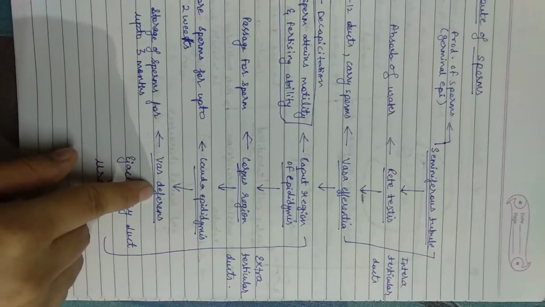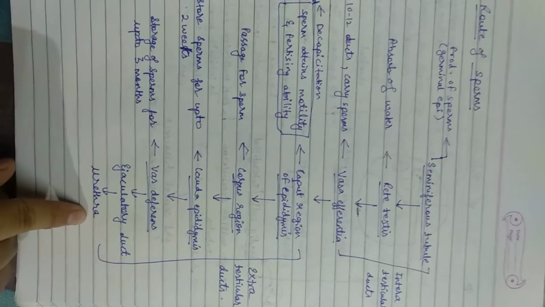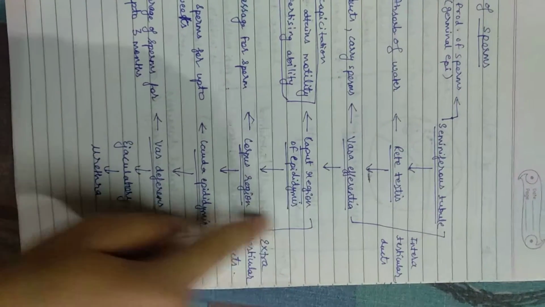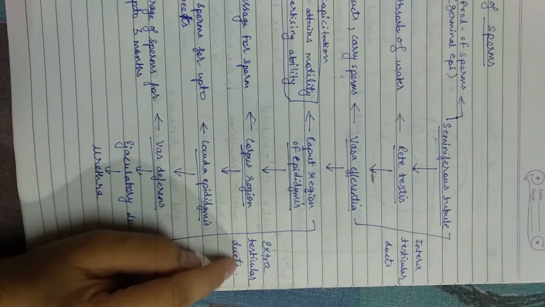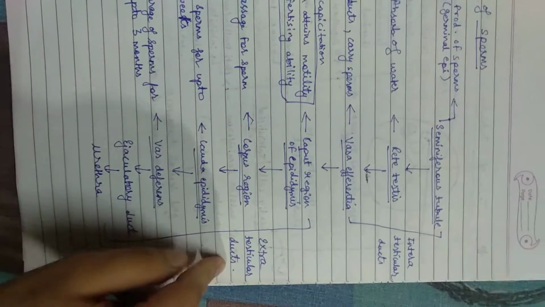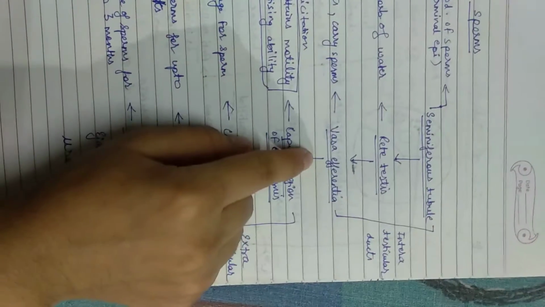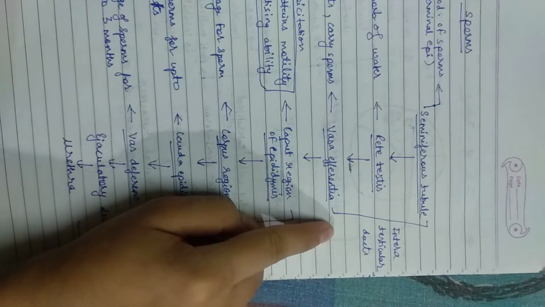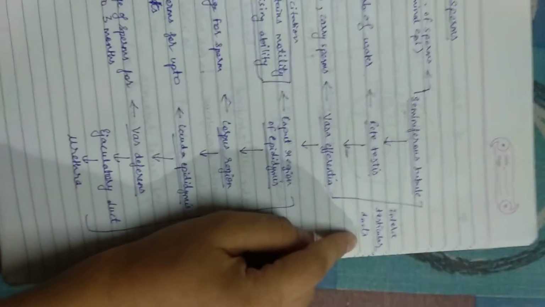Then from the vas deferens, it goes to the ejaculatory duct, then the urethra. From the caput region to the urethra, it is the extratesticular duct because it is outside the testicle. From the seminiferous tubule to the vasa efferentia, it is inside the testicle, so it is known as intratesticular ducts.